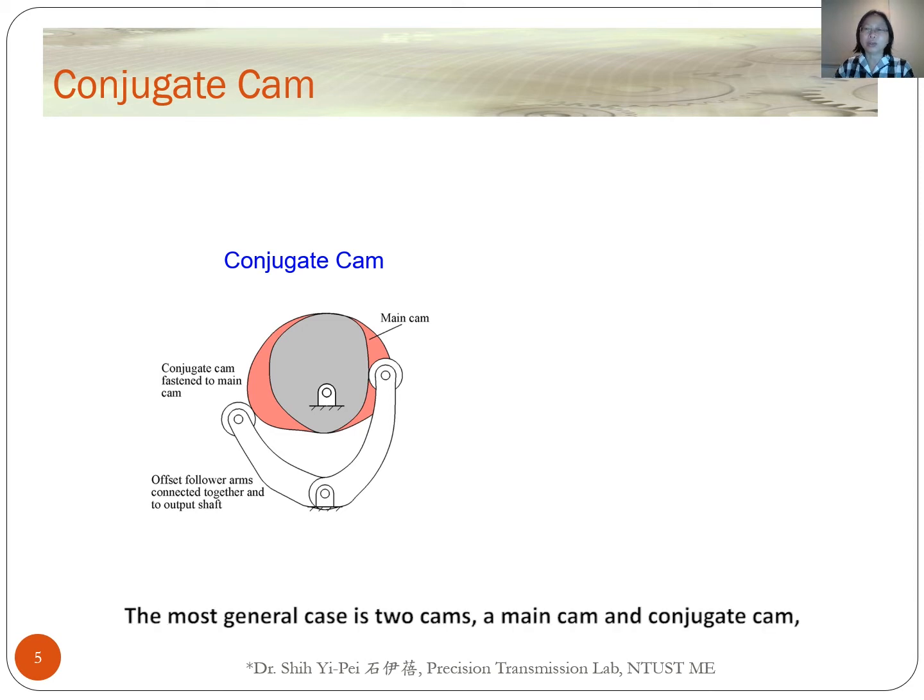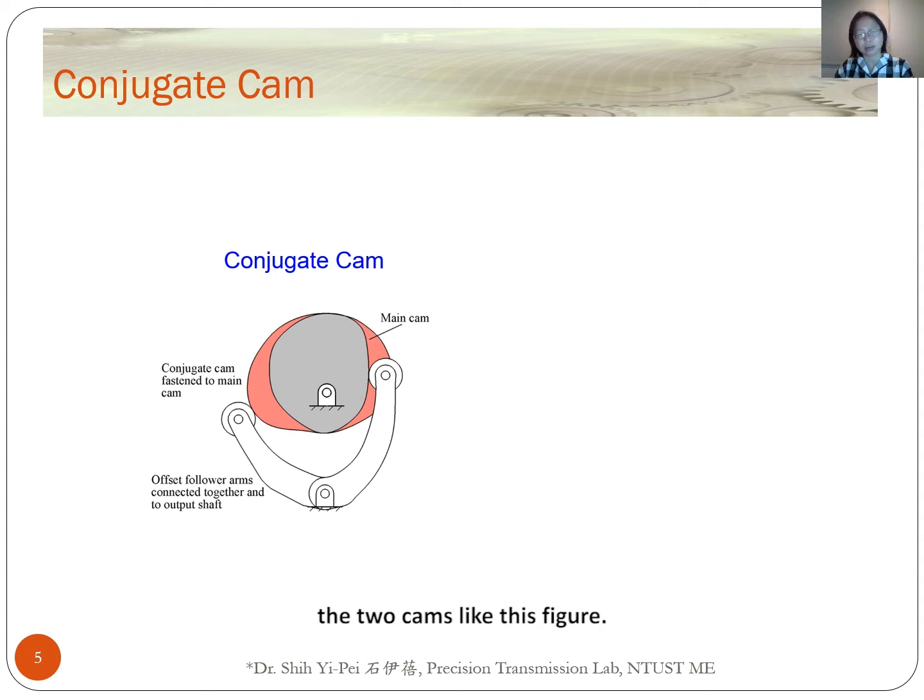The most general case is two cams. A main cam and the conjugate cam are fastened together. Two followers are attached to the same output shaft but offset to accommodate the two cams like in this figure.